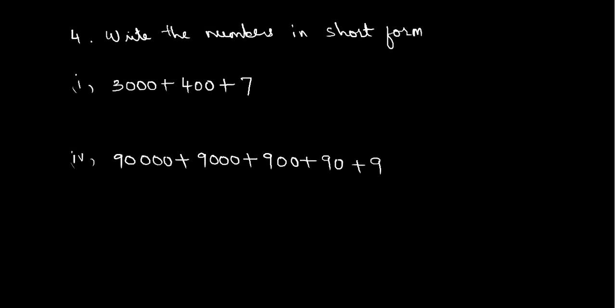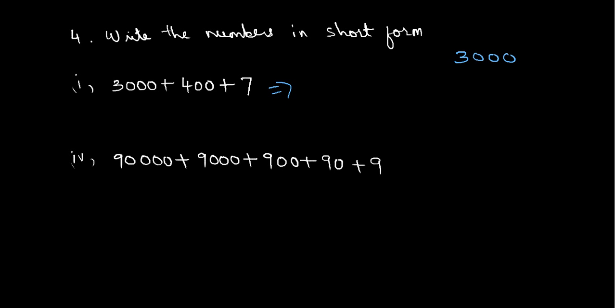The next problem we are looking at is to write the numbers in short form. This is pretty simple. We just need to add all the numbers. Write the first number as given, 3000. Write the second number below this, putting the numbers into correct places.